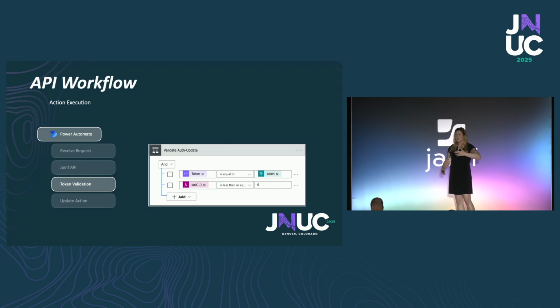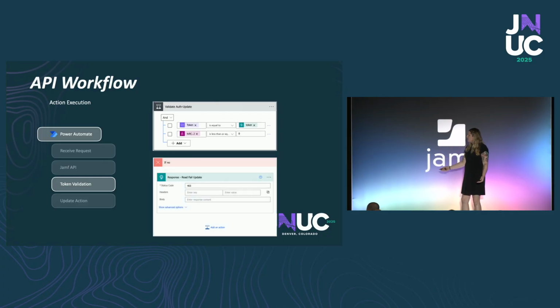So we're kind of using Jamf Pro as like a database to see, is that token valid, and is the expiration supplied in the extension attribute also valid? Or has that expired? If that failed, we just return a sorry, 403 status code.